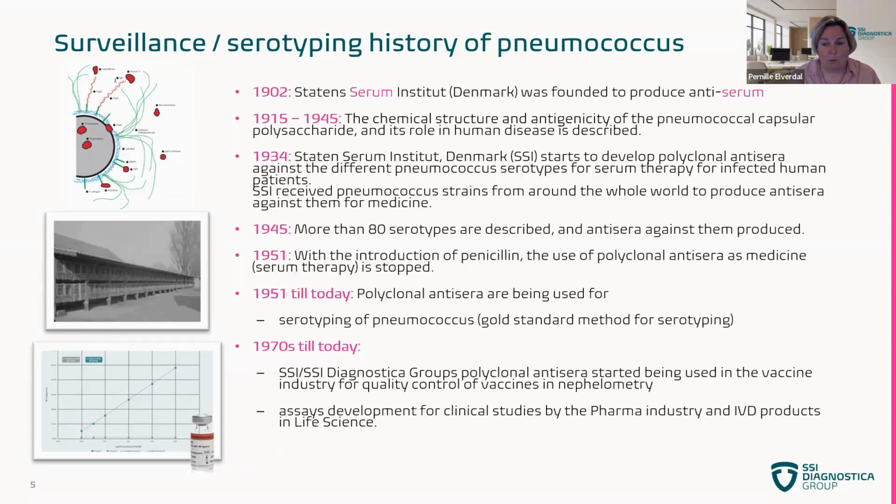The antisera is also being used for assay development for clinical studies by the pharma industry, but also for diagnostic methods within the IVD products in life science. So that's a little history about how the antisera came about and how the typing of pneumococcus actually started.